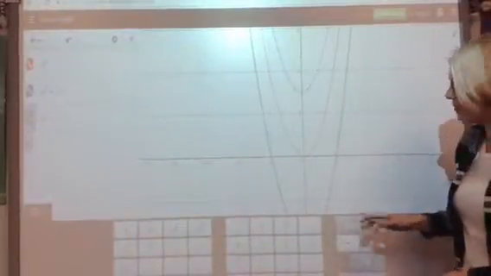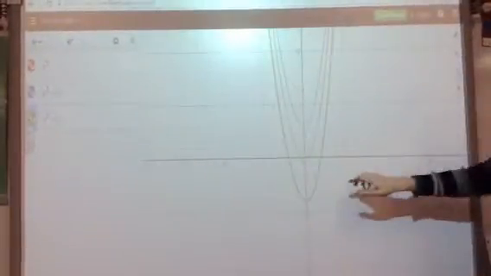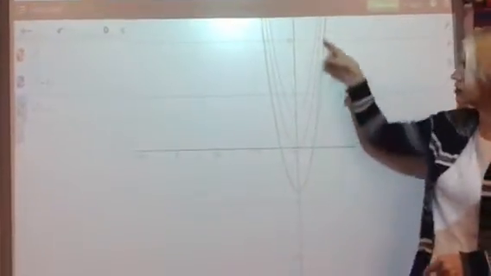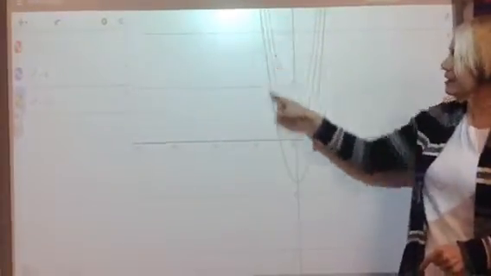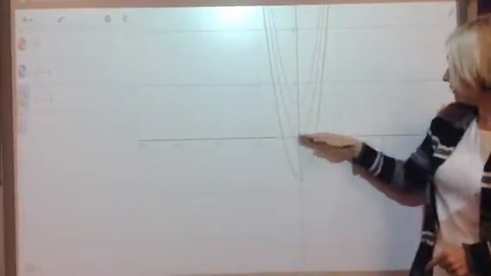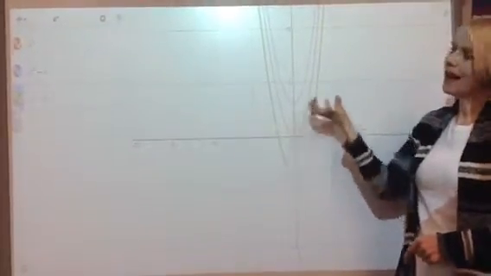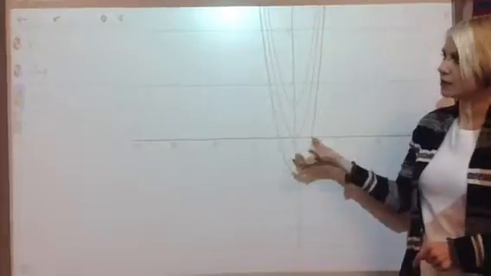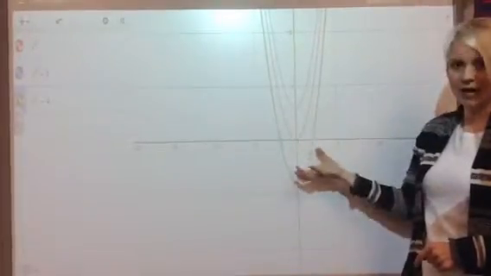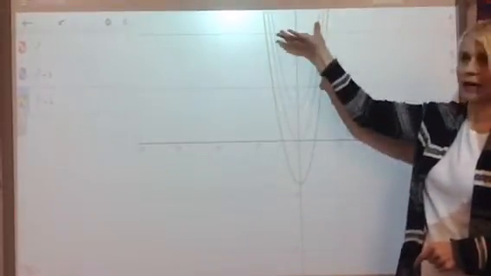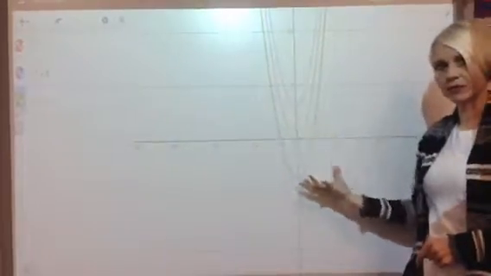Look at what x squared minus 4 does. I'm going to zoom out just a little bit so you can see. This is the green function. It's x squared minus 4. And if you'll look, its vertex is at negative 4. So if I add to the x squared, or if I subtract, it'll either move my parabola up or move my parabola down.